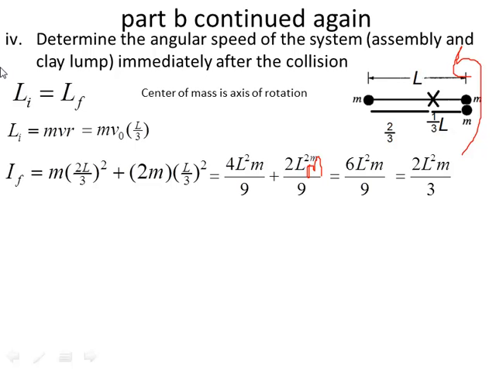So now we can set our initial angular momentum equal to our final angular momentum. So our initial is this, our final is this, and we want to determine the angular speed, so we want to solve for omega f.